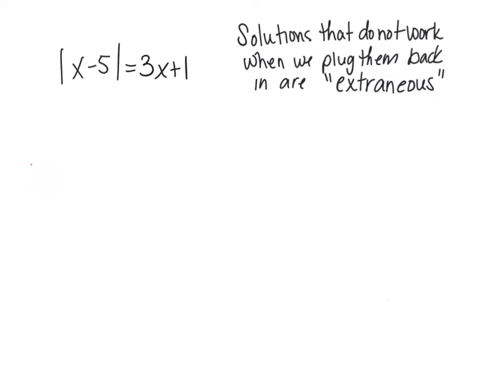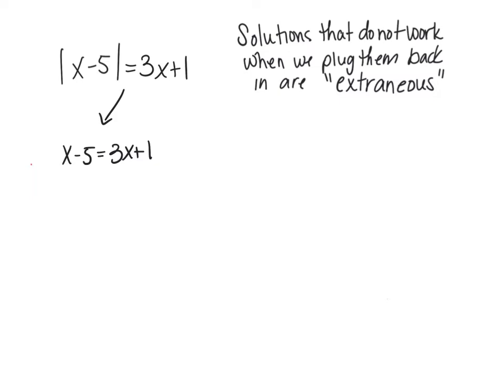So here's another problem from the homework. The absolute value of x minus 5 is equal to 3x plus 1. So we have the absolute value isolated. We're going to check for extraneous solutions because there's variables on both sides. And so my two equations are going to be x minus 5 equals 3x plus 1.